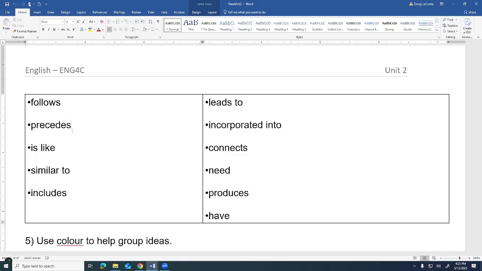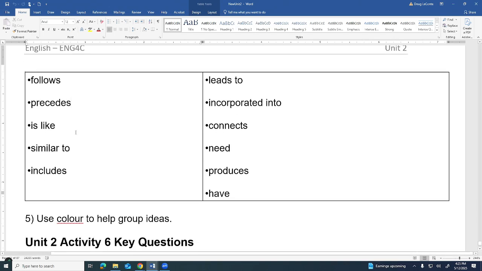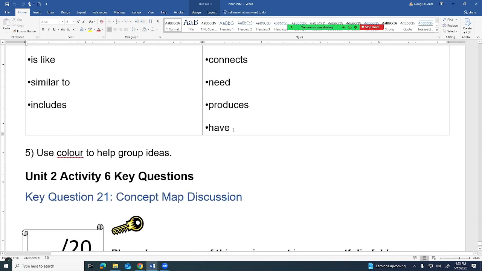"This needs what to happen?" "This produces this," and "this has that," right?